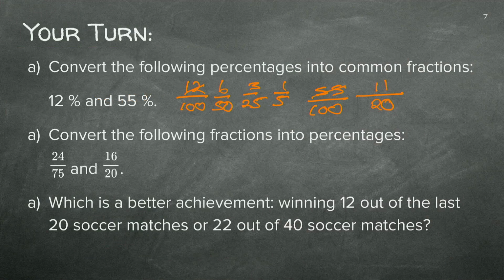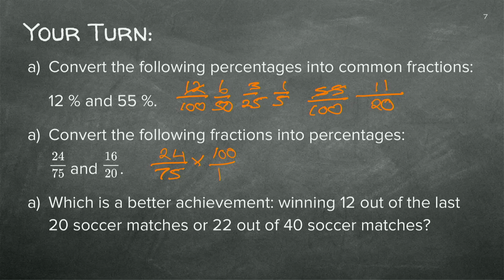Now they ask us, convert the following fractions into percentages, just the other way around. We're not scared, we've got this. So it's 24 over 75 times 100 over 1. Now, just pause here and see whether you can make this calculation easier for yourself with some cross cancellation.